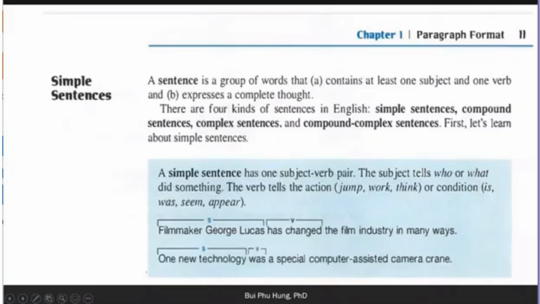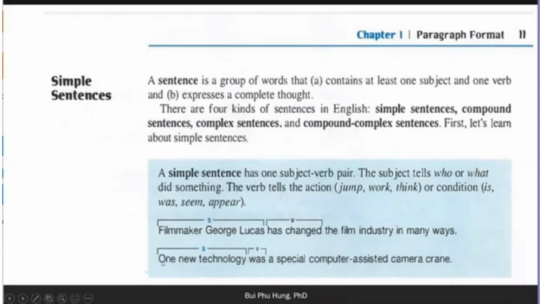Has changed is the verb. The verb here refers to the function verb, so it includes all the verbs indicating tense. So filmmaker George Lucas, subject; has changed, verb.